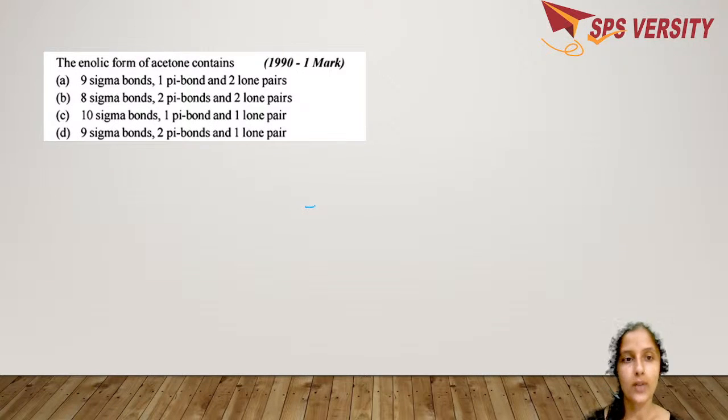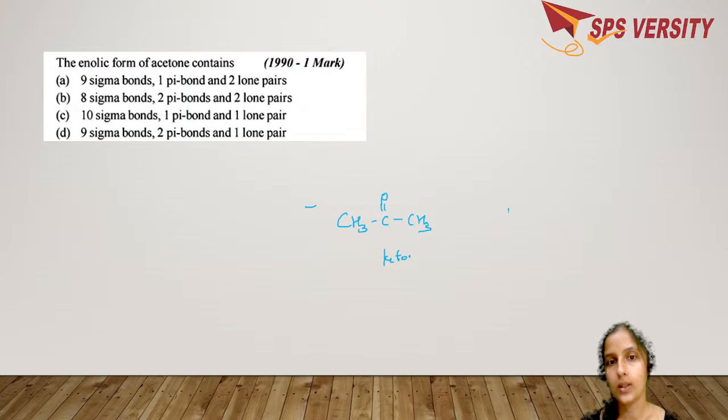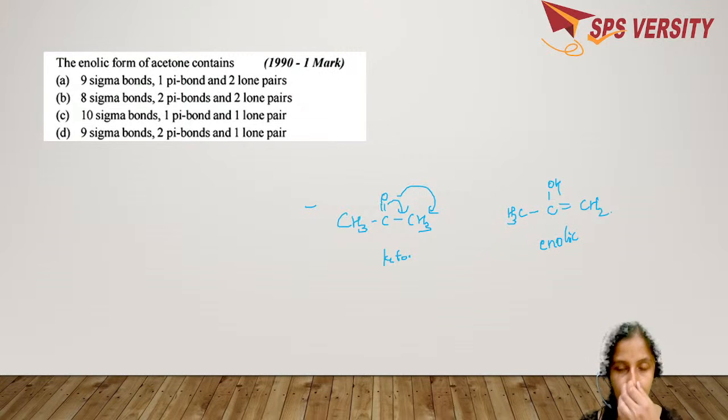The enolic form of acetone. So first you have to write the ketone. This is the keto form. Whenever you say enolic form, you have CH3, C, OH, and double bond CH2. Hope you get it. So this takes a proton from here and the double bond shifts here. So this is the enolic form. So how many bonds are there?